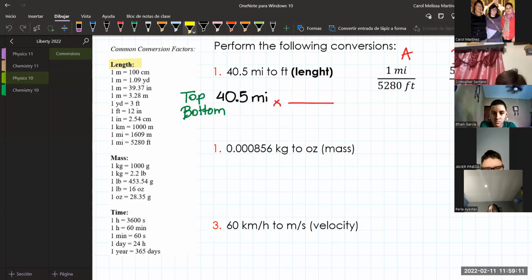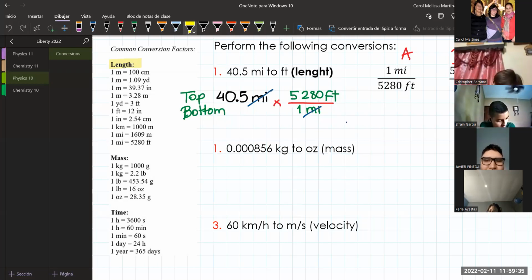Okay? So let's see. I'm going to put B. That says that in 1 mile you have 5,280 feet, which allows you to get rid of miles in this way. Miles and miles are going to get cancelled.